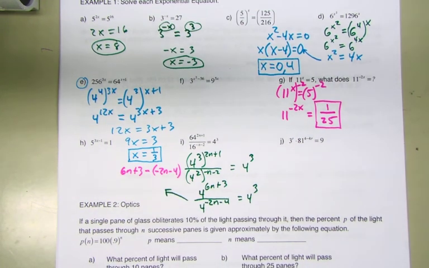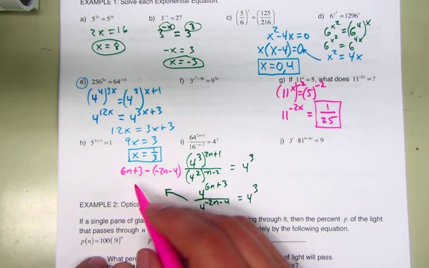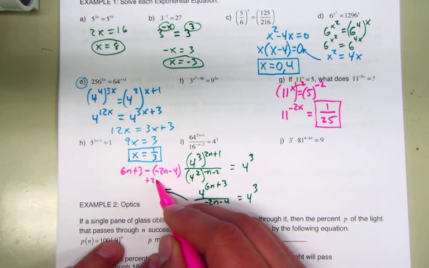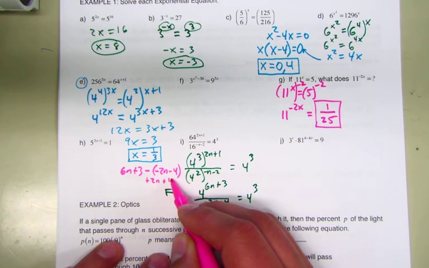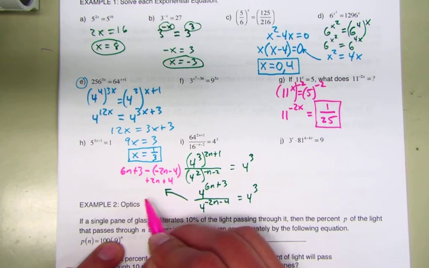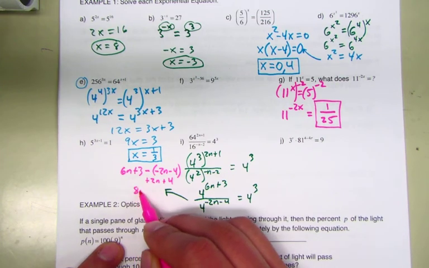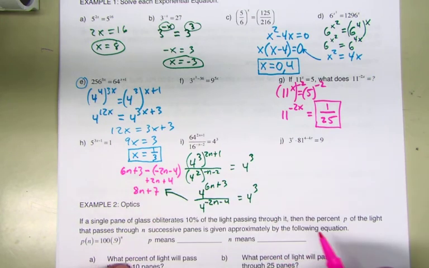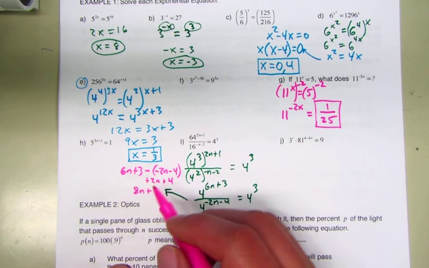Okay? And if you distribute the negative, this is really a plus 2n and a plus 4. So if you combine all your like terms, you're left with 8n plus 7. And so that is your final equation.